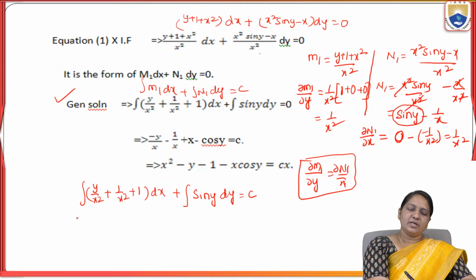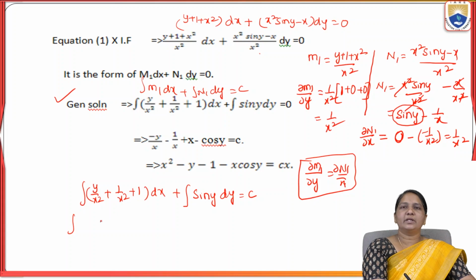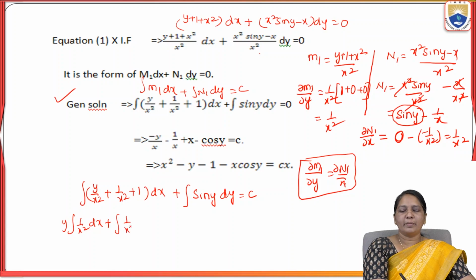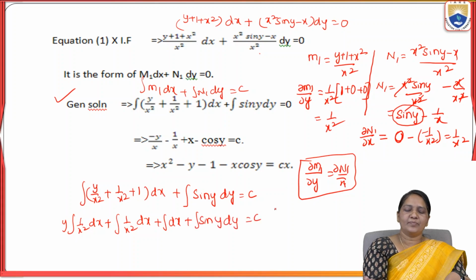So now we are going to integrate the function. So y is the constant, taking out. Integral 1 by x square dx plus here also integral 1 by x square dx plus integral dx plus integral sin y dy equal to c. So what is the integral of 1 by x square? It is minus 1 by x.